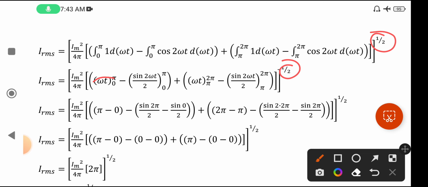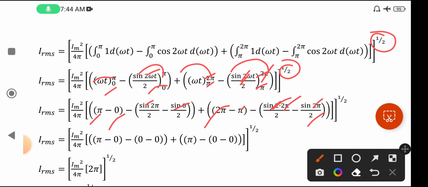Now substitute the limit values in all the 4 terms: first pi and next 0, then also pi and 0, and here 2 pi and pi, and here 2 omega t is 2 into 2, it becomes 4.